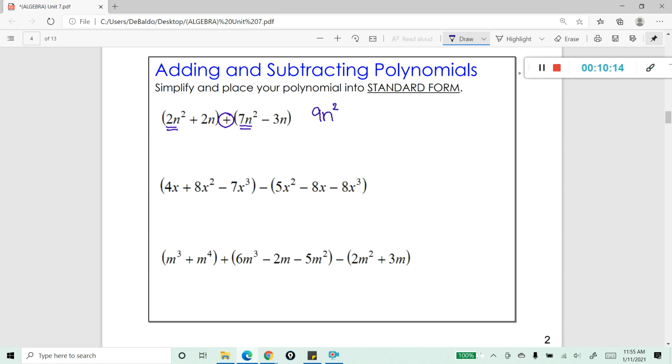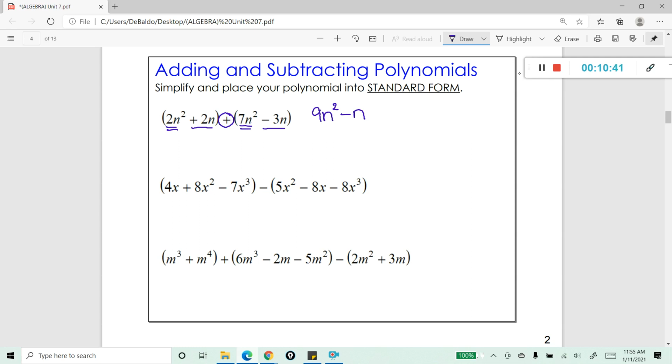Now, remember, when we're adding, your exponents are just going to stay the same. A common misconception is that you add the exponents. That's only when you're multiplying. And then the other piece here, I have positive 2n plus negative 3n. So that's really saying 2 plus negative 3 is going to leave us with negative n.